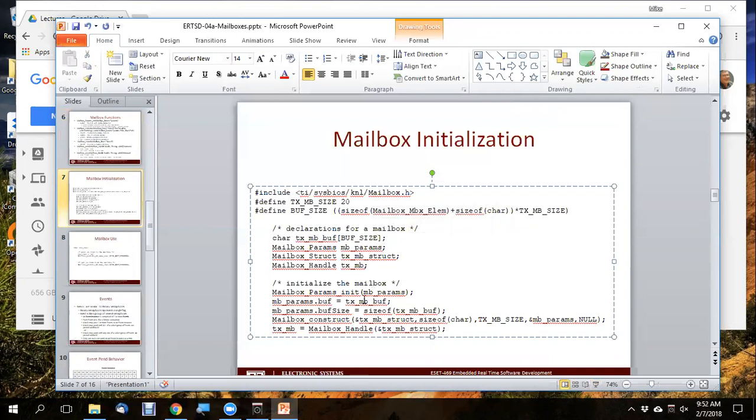So it turns out that is correct for the buffer size, but what is wrong is that that is size of char.